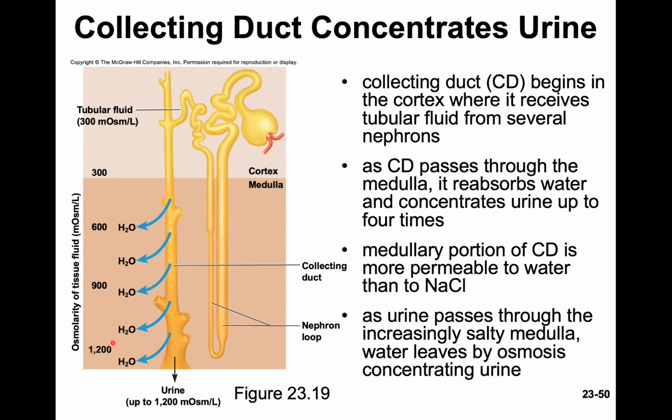Well, water. So as you go deeper down into the medulla, you're going to be reabsorbing more and more water back into your body. And in essence, you're concentrating the urine as you go down the collecting duct. So this region of the tubule really helps us to, number 1, concentrate the urine, and number 2, retain water that our body actually needs.